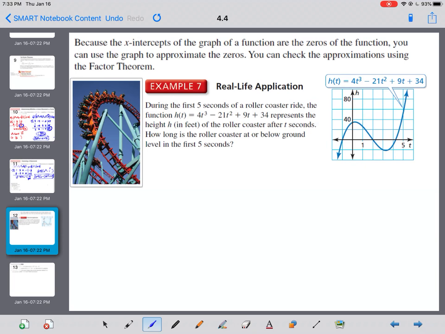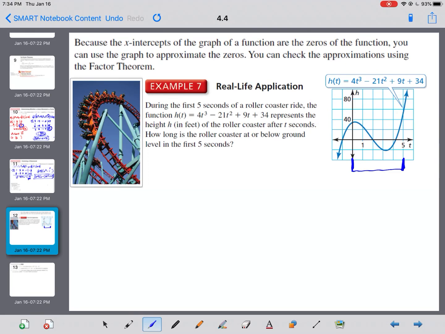So during the first 5 seconds of a roller coaster ride, so from second 0 all the way to second 5, the function h of t, because it's going to be about height, equals 4t^3 (t is time) minus 21t^2 plus 9t plus 34, and represents the height h in feet of the roller coaster after t seconds. How long is the roller coaster at or below ground level in the first 5 seconds?